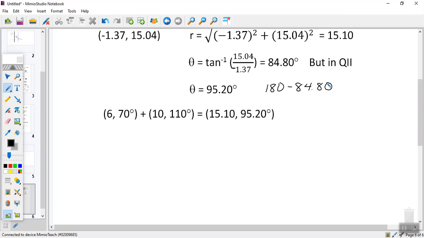Or in our case, if we had put the negative sign up here, we would have had to add how much to get to that 95.2 degree angle? Add 180. So the resultant really is 15.10 newtons being pulled at what angle? 95.2. Okay. You guys good with that? Yep. Okay, so let's talk some more.